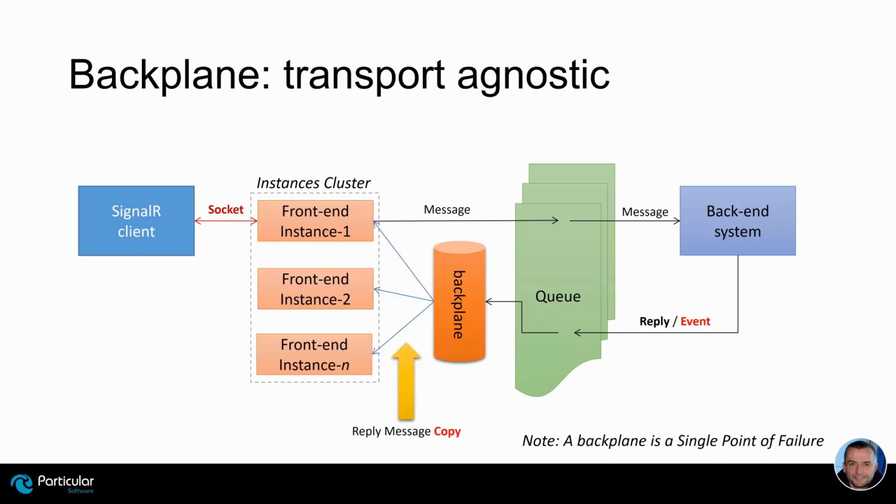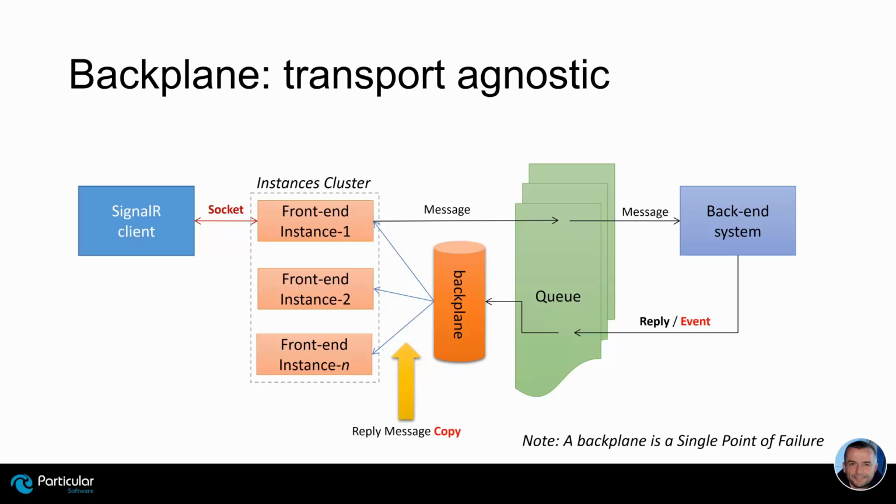And the backplane would then do something like multicasting. It will publish that reply to all the instances, looking to cover any kind of scenarios like what Mauro just mentioned.